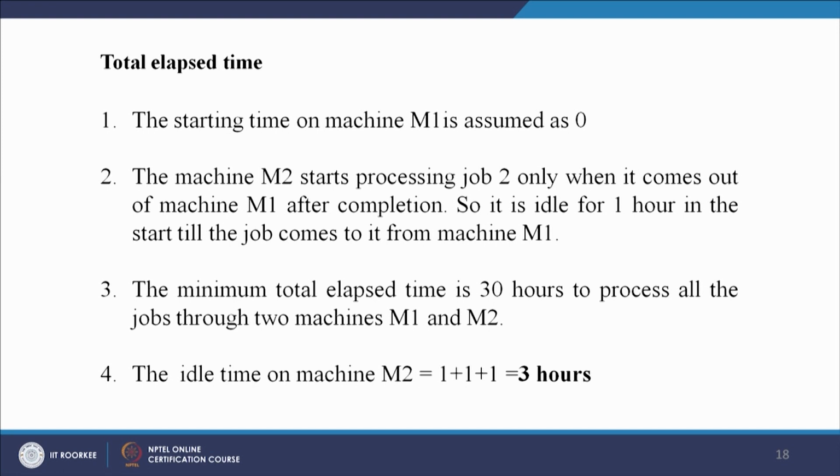Then we switched to the sequencing problem where we have n number of jobs and 2 machines, and we have seen a procedure which can help us to sequence these n jobs on 2 machines so that our idle time is minimized as well as our total elapsed time or total completion time for these n jobs is minimum.